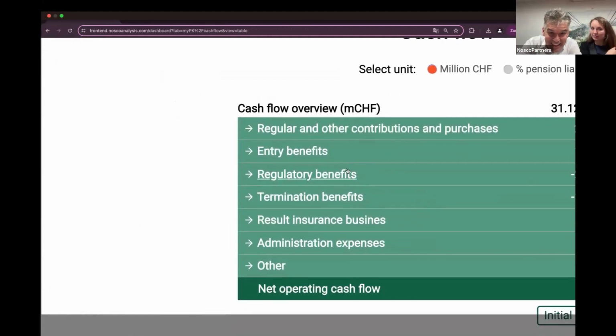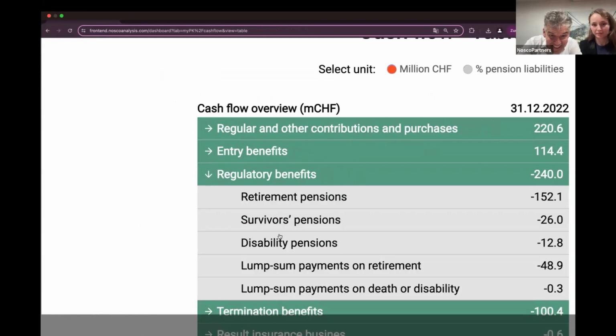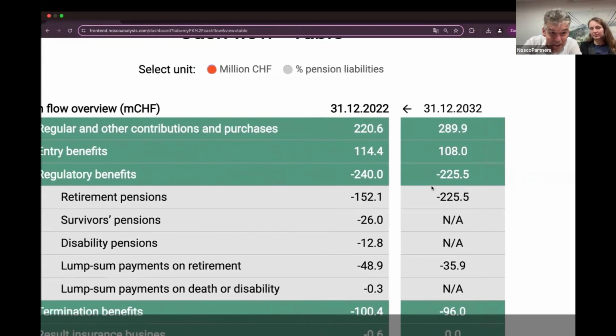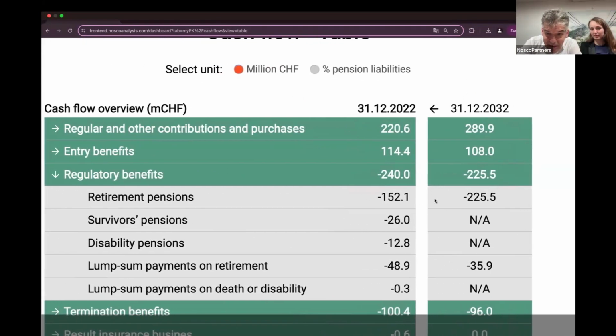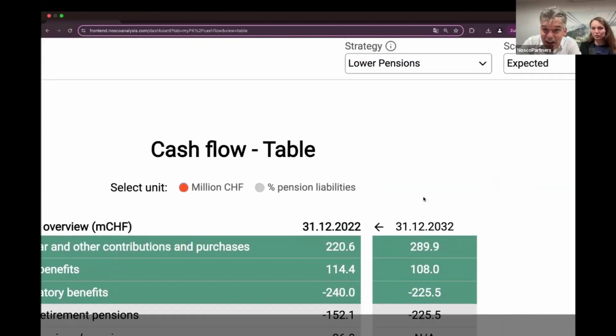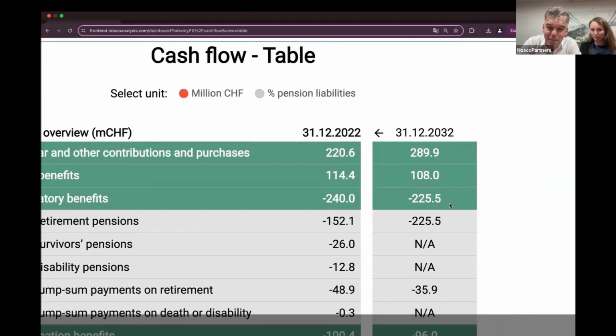I look at regulatory benefits, retirement pensions, and if I go to 32 again, retirement pensions, I'm here on the lower pensions. This is about 225 million.